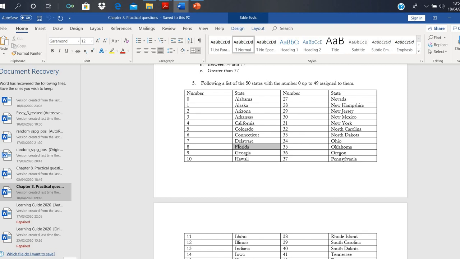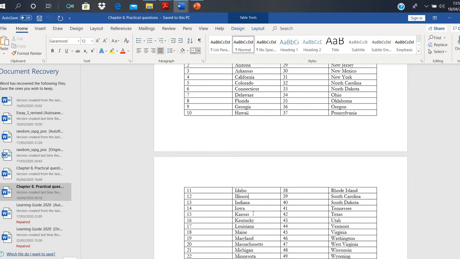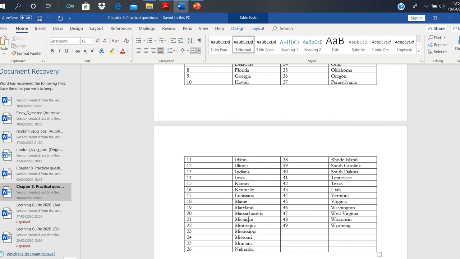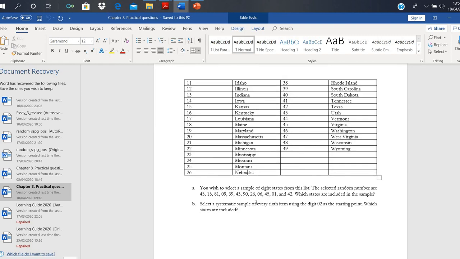So I will have Arizona, Florida, and I will again start 1, 2, 3, 4, 5, 6. It will be Iowa. And I will start again 1, 2, 3, 4, 5, 6. It will be Massachusetts. 1, 2, 3, 4, 5, 6. Nebraska, and so on until I construct my sample of 8 states.